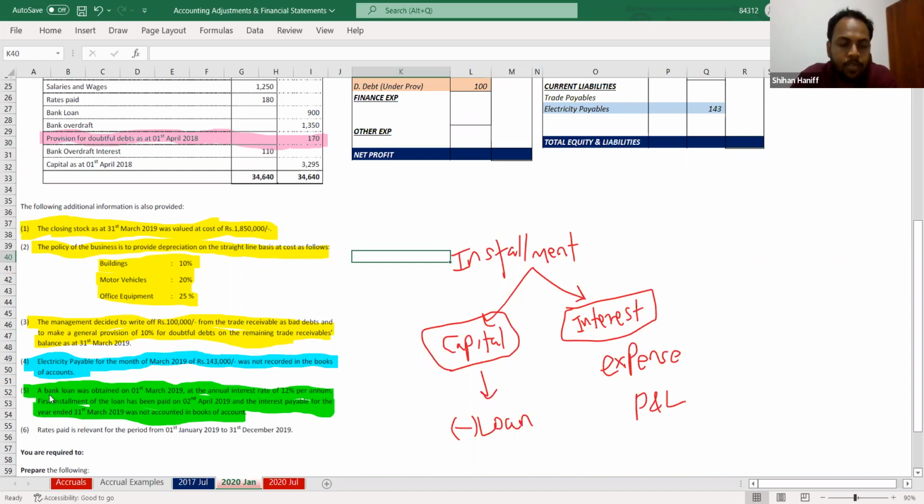Now, what is our question? A bank loan was obtained on 1st of March 2019. Our financial year end is 31st March 2019, so there is 1 month to the year end.